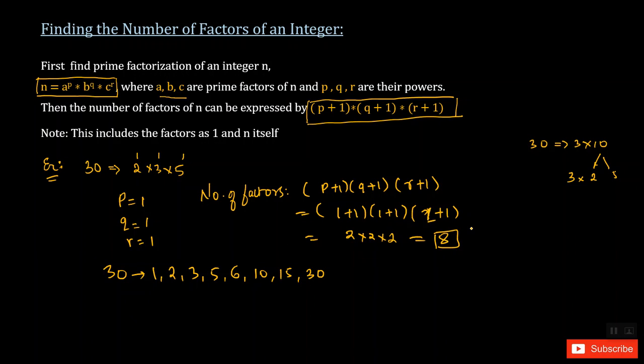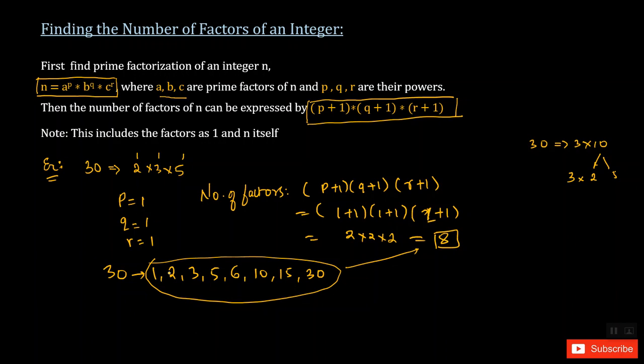And if there is a question asking for the factors of a number apart from 1 and the number itself, then you just need to find the factors first and then subtract 2. Remember, remove the first and the last factor. If you count, there are a total of 8 numbers here. This is how you calculate the number of factors for any integer.